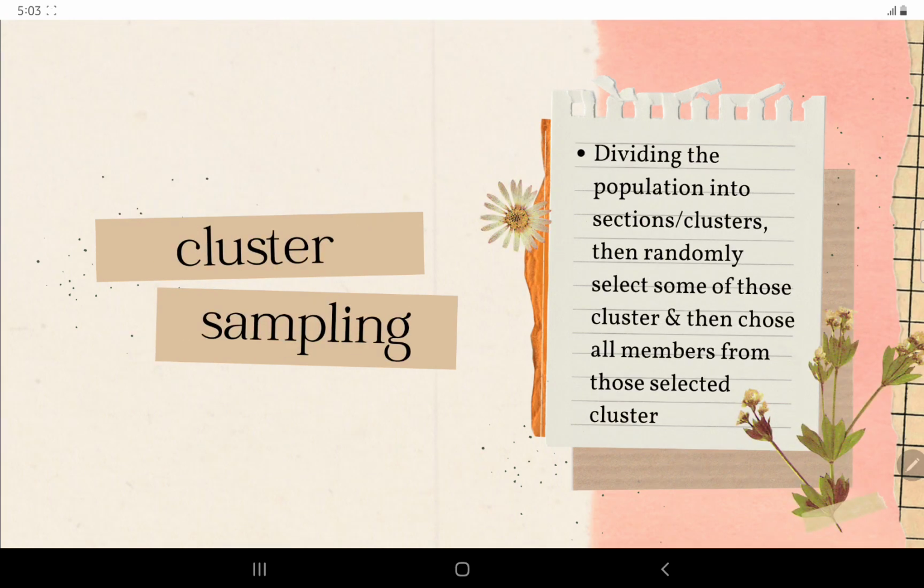Okay, cluster sampling. Okay, in cluster sampling, we divide our population into subgroup, same as the stratified sampling tadi. Kita divide into subgroup. Okay, tapi subgroup ni nama dia cluster. Okay, then the clusters are randomly selected and a sample is collected by randomly selected elements from each cluster.